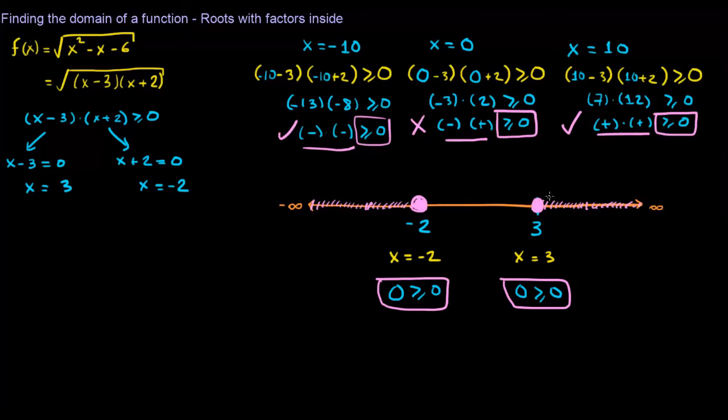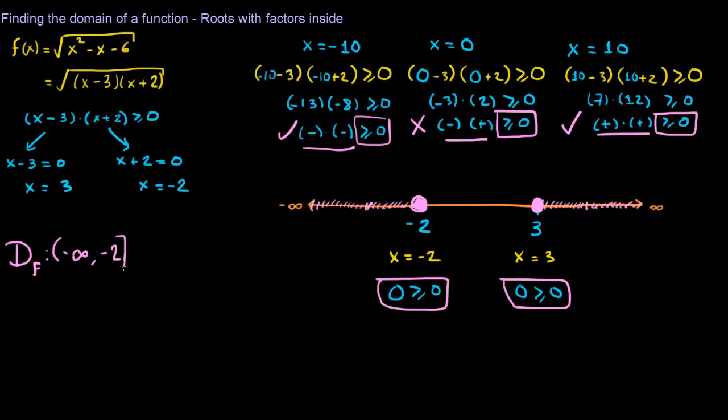Now the only thing left would be just to write the solution for the domain of this f of x. I'm going to write it here down on the left: the domain of f. Now we have pretty much just to read what's in the graph. We're going to include all this, that would be from negative infinity until negative 2.